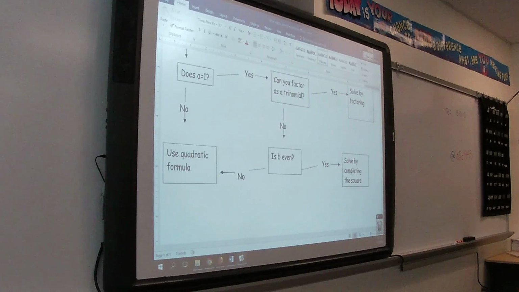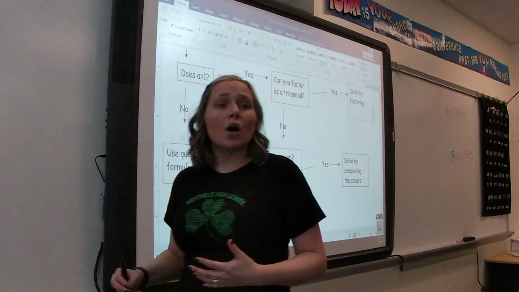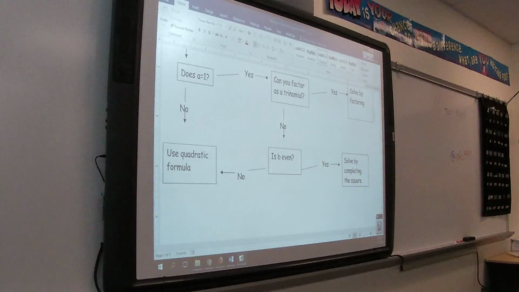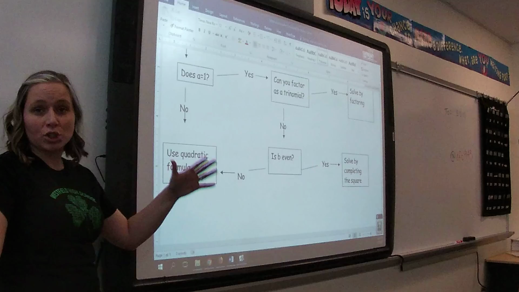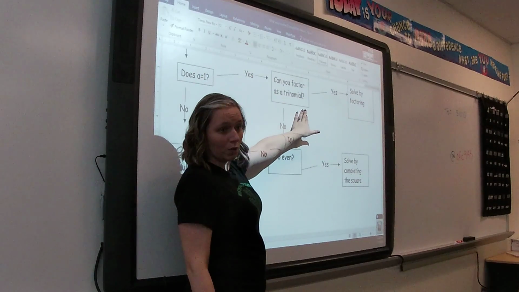If you say, I like to solve by factoring, and I'm good at factoring trinomials, especially when a equals 1, so that's no rewriting and factoring by grouping, just straightforward trinomials, then this might be an option you want to use.